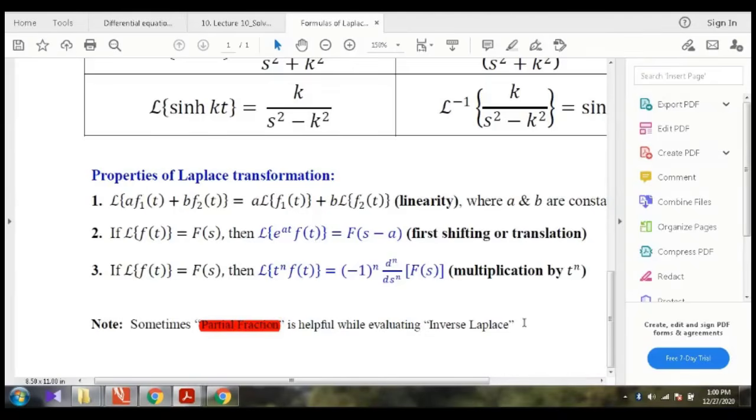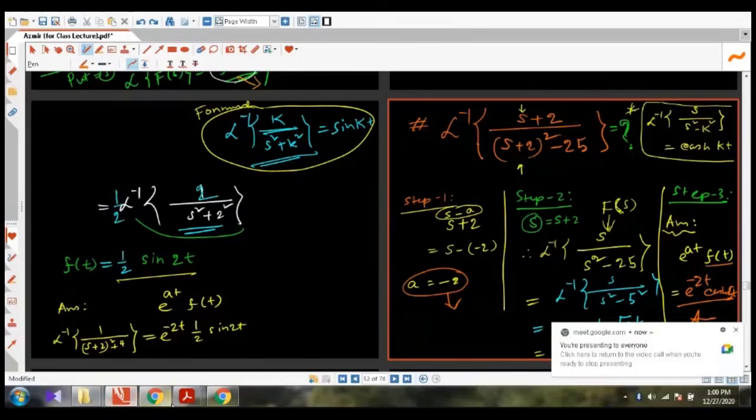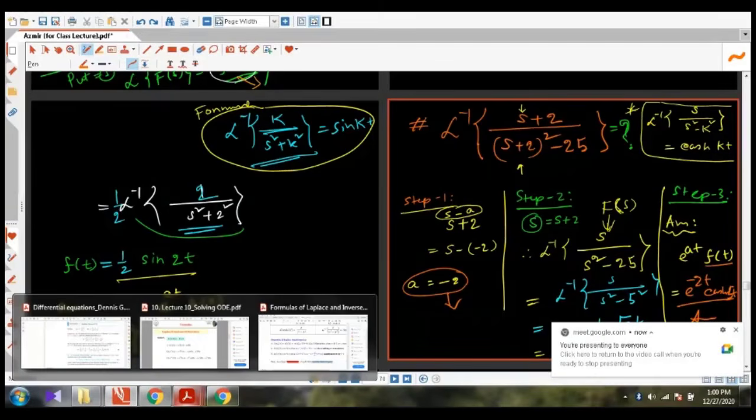So if you have the idea up to this part, then I can definitely say that you are ready to solve any problems from inverse Laplace transformation. So let's try to recall what is partial fraction.